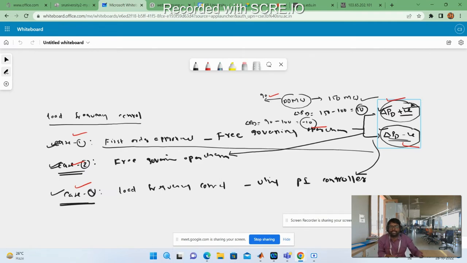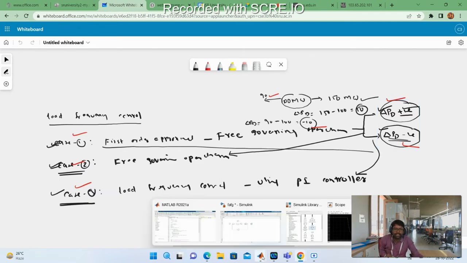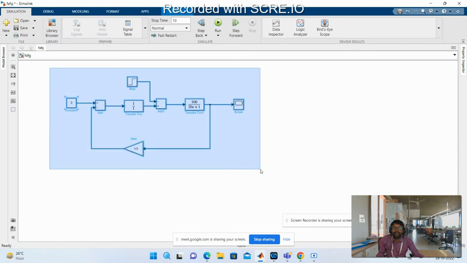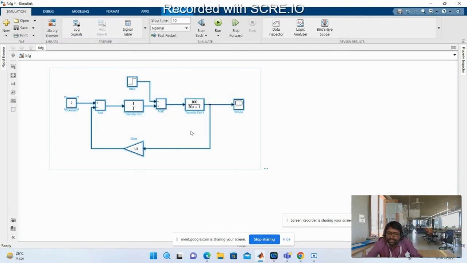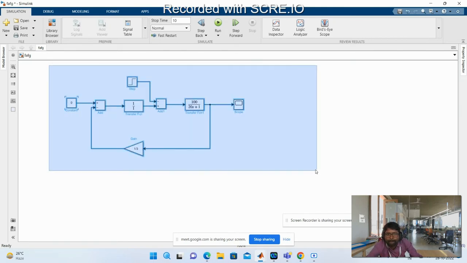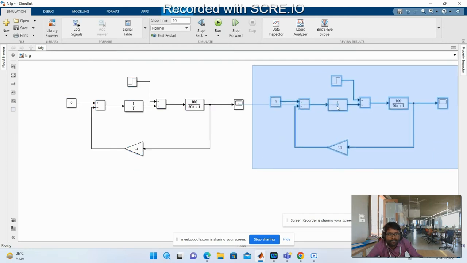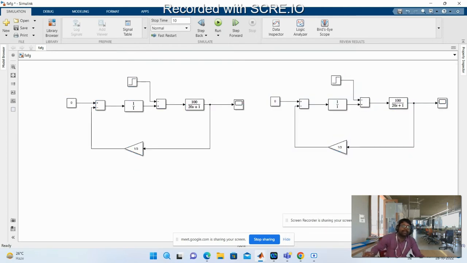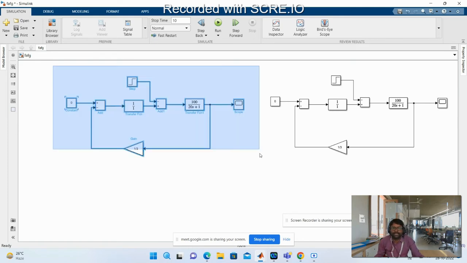Now we are going to observe that. That is the second step. You can use the same diagram. This is already simulated, it's completed.